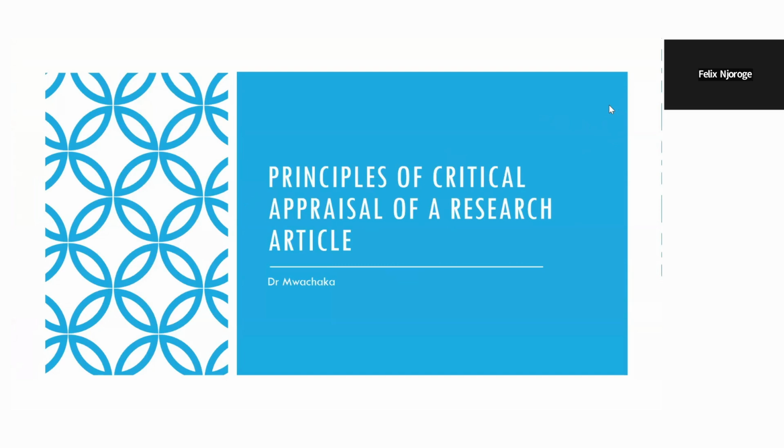Thank you. And then another question from Melanie. How do you interpret statistical significance versus clinical significance in a critical appraisal? For example, if the study is clinically important, but the p-value is not significant. Yes, and that's why I gave an example of maybe a condition where you're doing a study to look at a new intervention for treating a condition that does not have a cure.